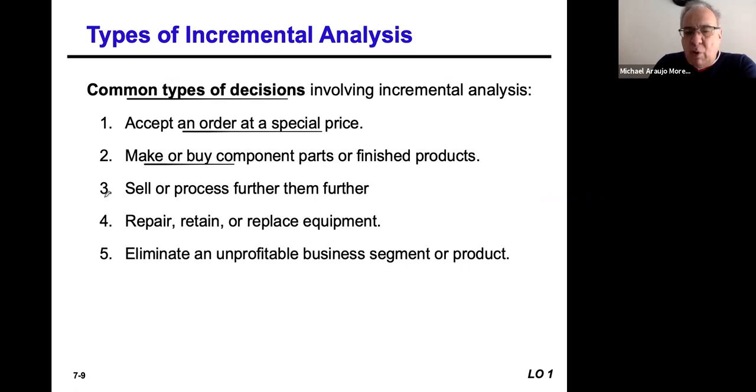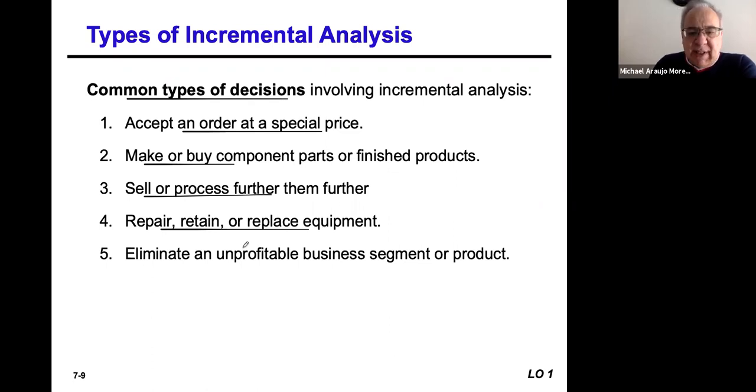Learning Objective 4 is going to show us whether we should sell the product as is or process it further. Is it worth our time to process the product even further? Learning Objective 5 talks about how do we decide to repair, retain, or replace equipment?